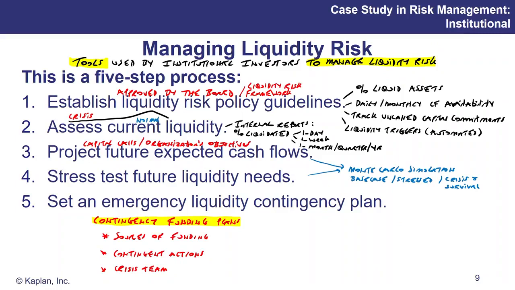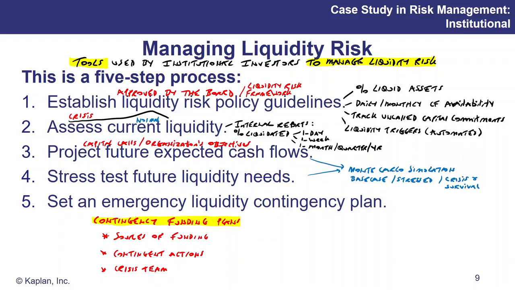Now, to finish off this first module, first reading, guys, we're going to introduce the idea of how we're going to manage the liquidity risk that we've been talking about. This 5-step framework is all about the tools and the framework used by an institutional investor to manage the risk.